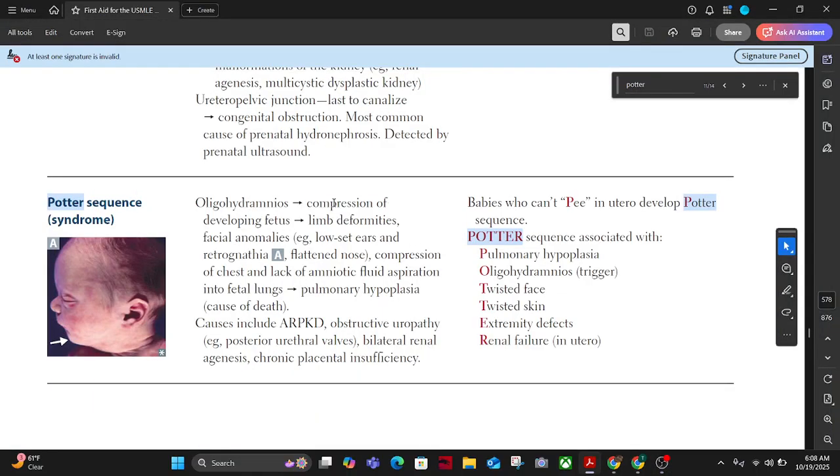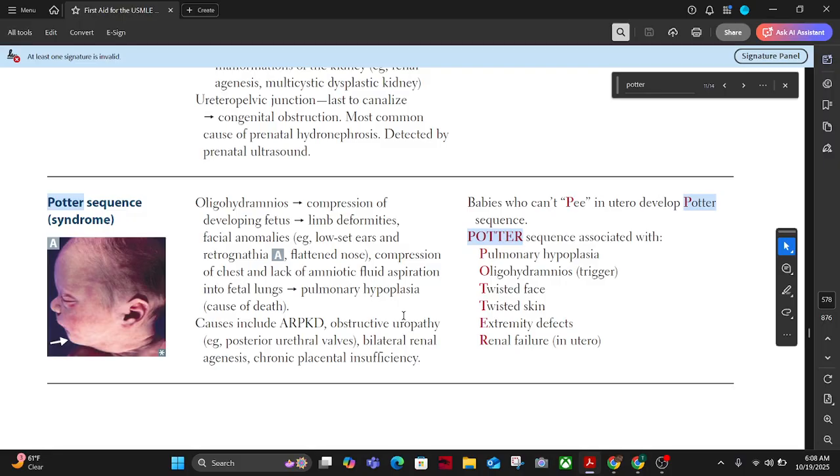So what that means is the reason that they get pulmonary hypoplasia is because the lungs need amniotic fluid to mature. So in Potter sequence, the baby's kidneys do not produce enough pee because the kidneys are underdeveloped. So due to low amniotic fluid, the baby can't breathe in much amniotic fluid, which causes pulmonary hypoplasia because the lungs need amniotic fluid to mature.